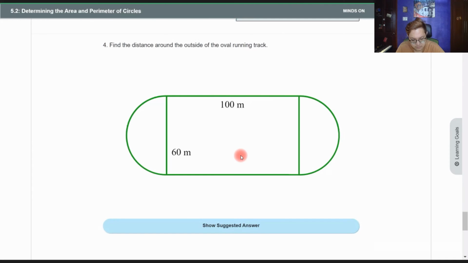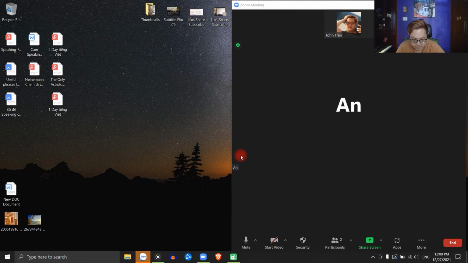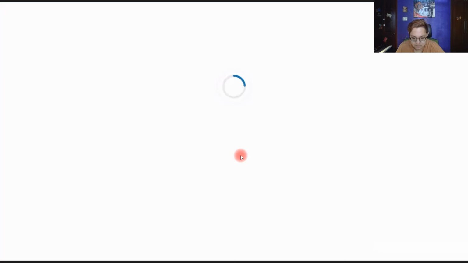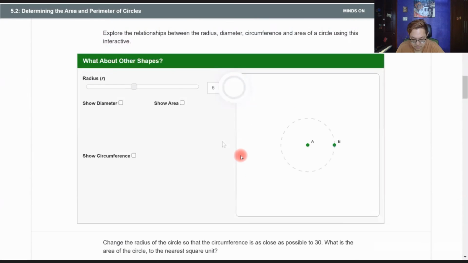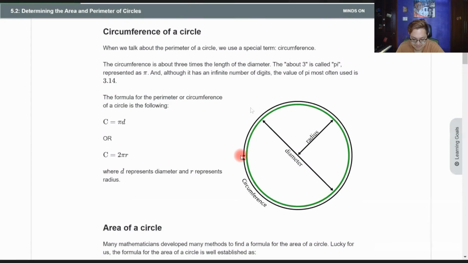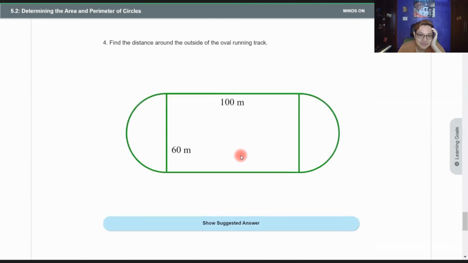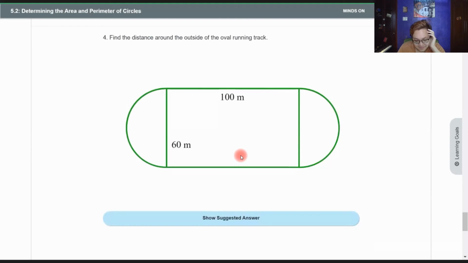I think for number four. Wait, what? So for number four, the answer is 388.4 meters squared.